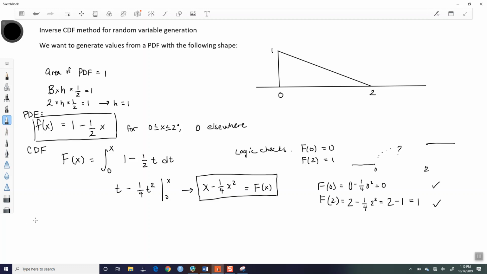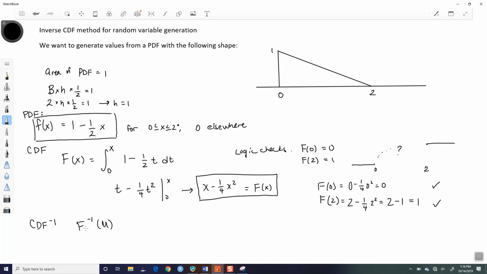Now we want the inverse CDF. We want F inverse of u, sorry.